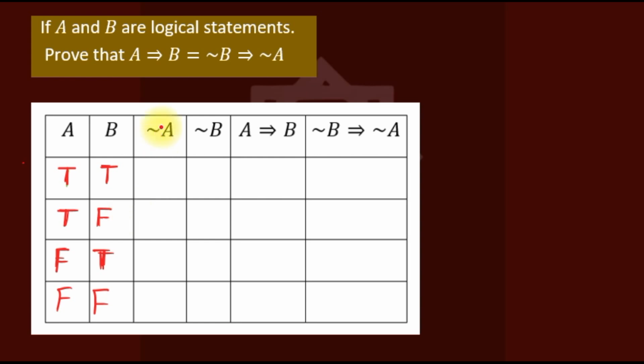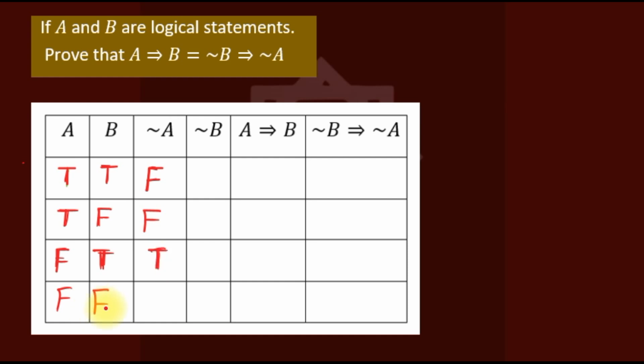So we said not A. If it's true, it will be false. Not A is false, opposite of true. Are you seeing? So for A, not A is now false because it's true. If it's false, this should be true.